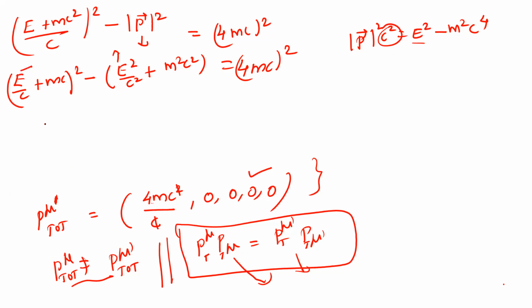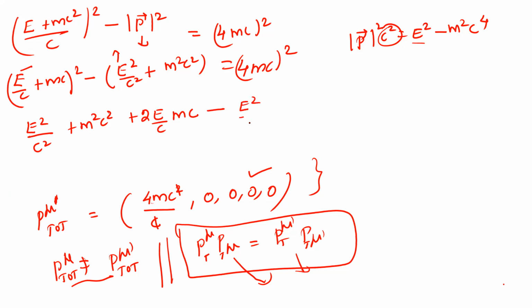So if you square this and subtract, you will see that we can solve for E. I'll do it here. This is E square by c square plus m square c square plus 2E by c mc, right?